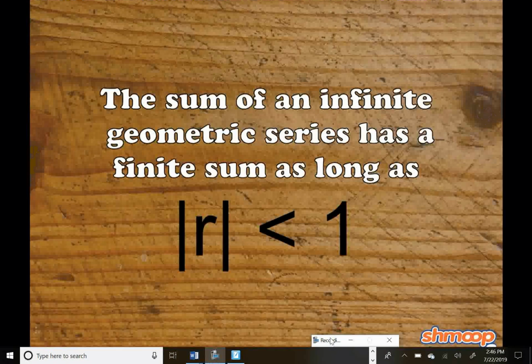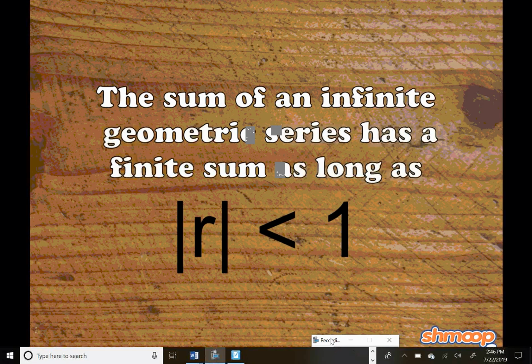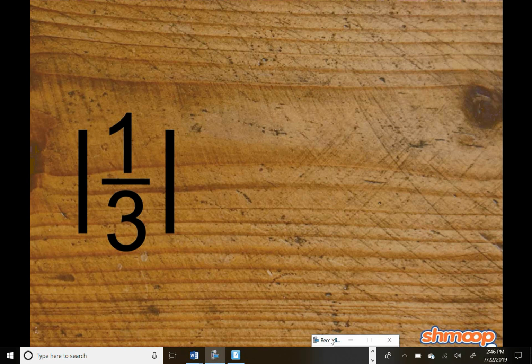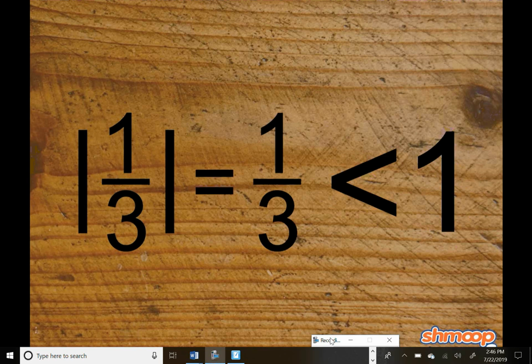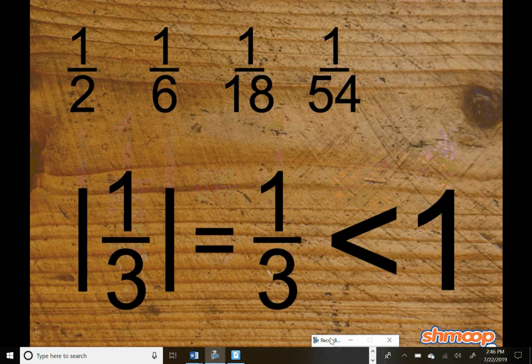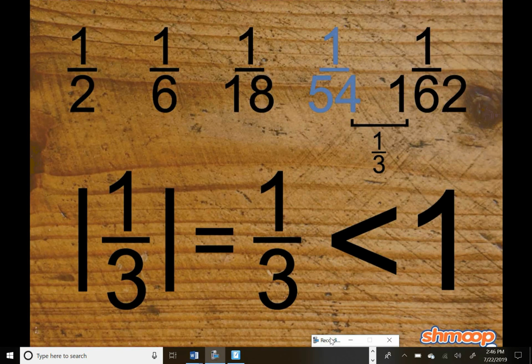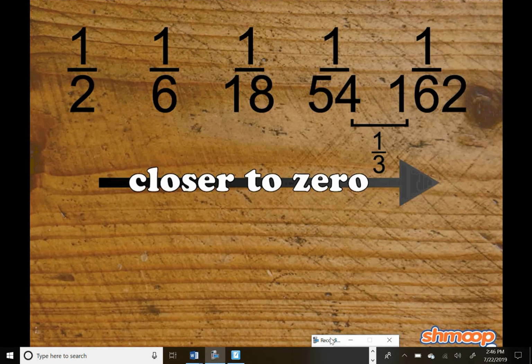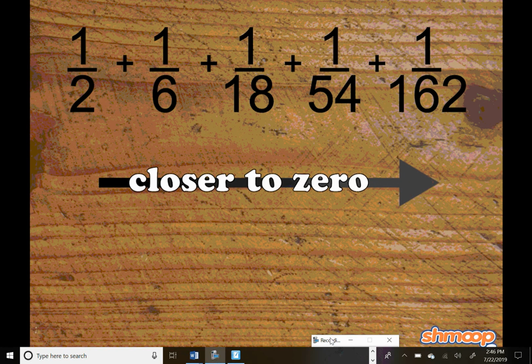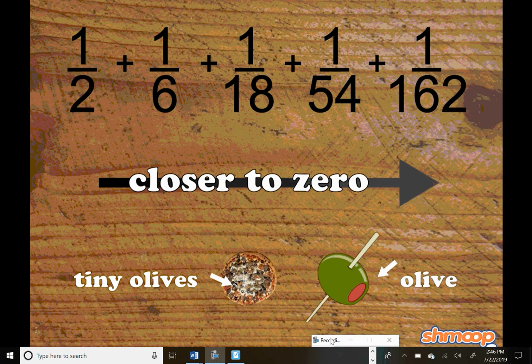Think about that. In this case, the absolute value of 1/3 is 1/3, which is less than 1. As you can see from the series above, the numbers are getting smaller and smaller. 1/54 would go to 1/162, which is getting closer and closer to 0. See? So as you add smaller and smaller numbers, the addition of such smaller numbers doesn't matter much. Like he's eating a pizza the size of an olive after 5 iterations.